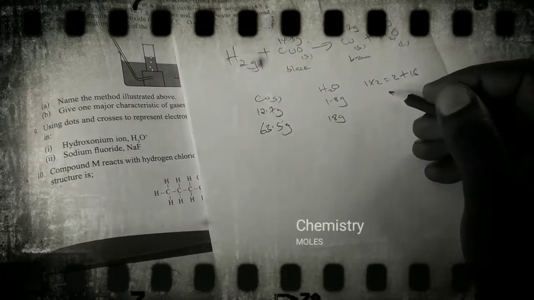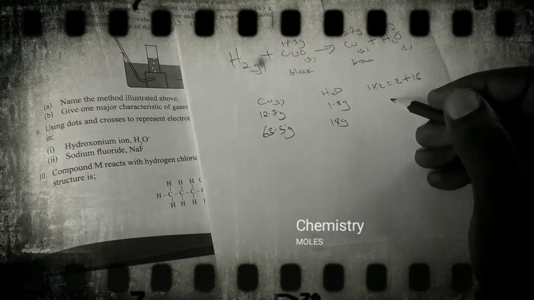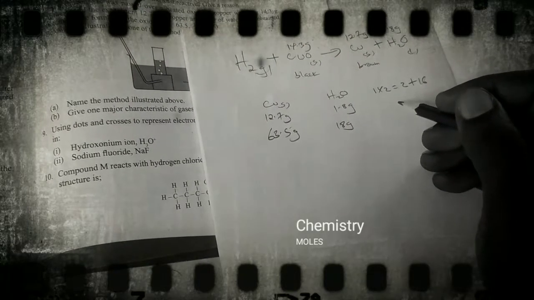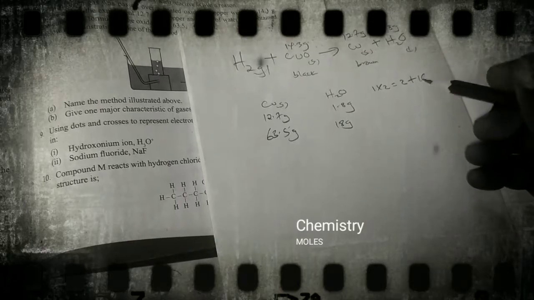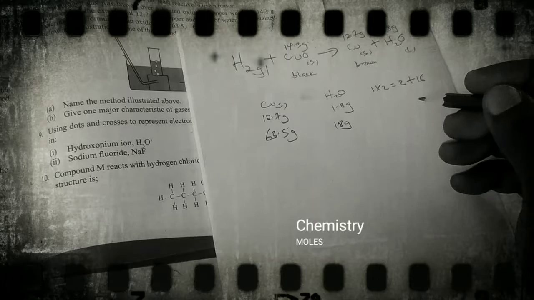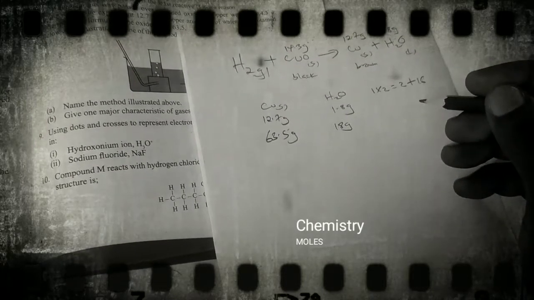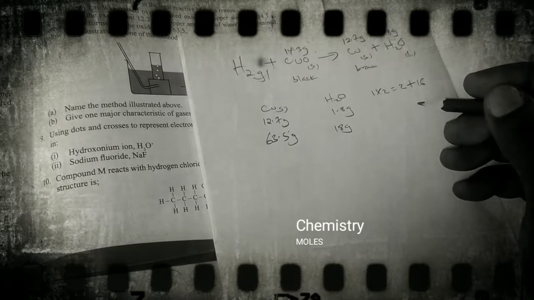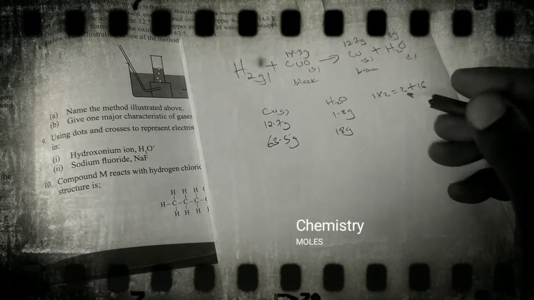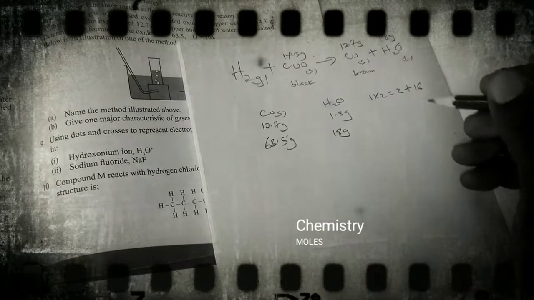So there are two ways to determine this. The first one, remember the question is very clear. Dry hydrogen gas was passed over heated oxide of copper weighing 14.3 grams. So that is the mass of the copper oxide before reaction to give you copper. So copper has a mass of 12.7 grams.